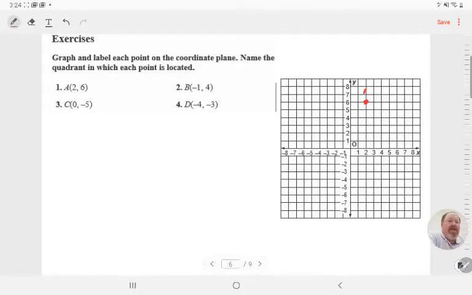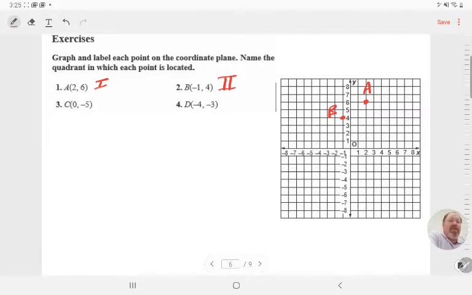And that would be A. And that is in quadrant 1. Okay? Then we have B, which would be -1, 4. The line is actually where the negative signs are for the y-axis. So it's right here. And this is B. And B would be in the second quadrant.